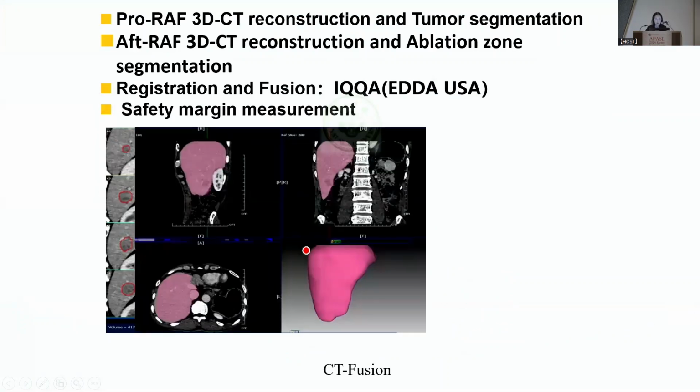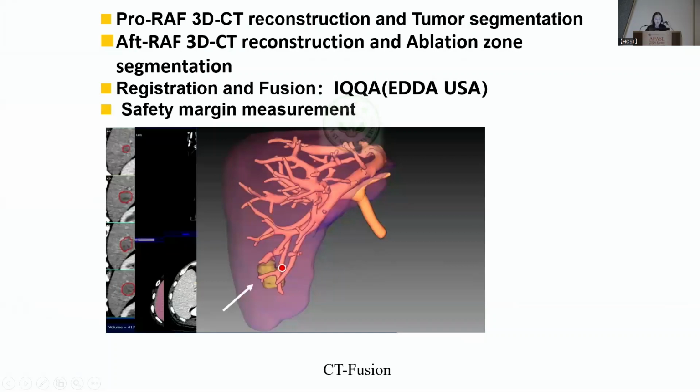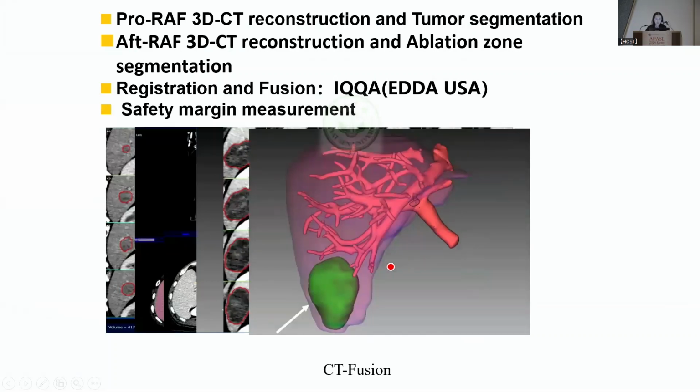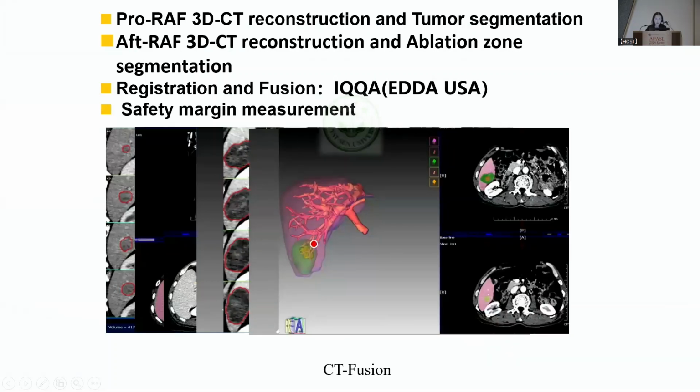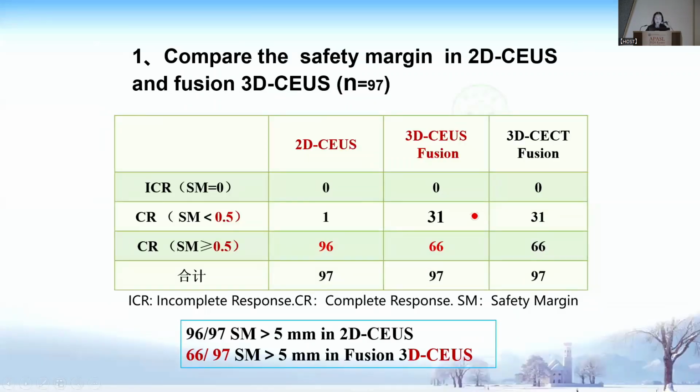So here is the case, and then we compare the CT with the ultrasound. You can see here there is not enough safety margin, and the patient had recurrence within several months.